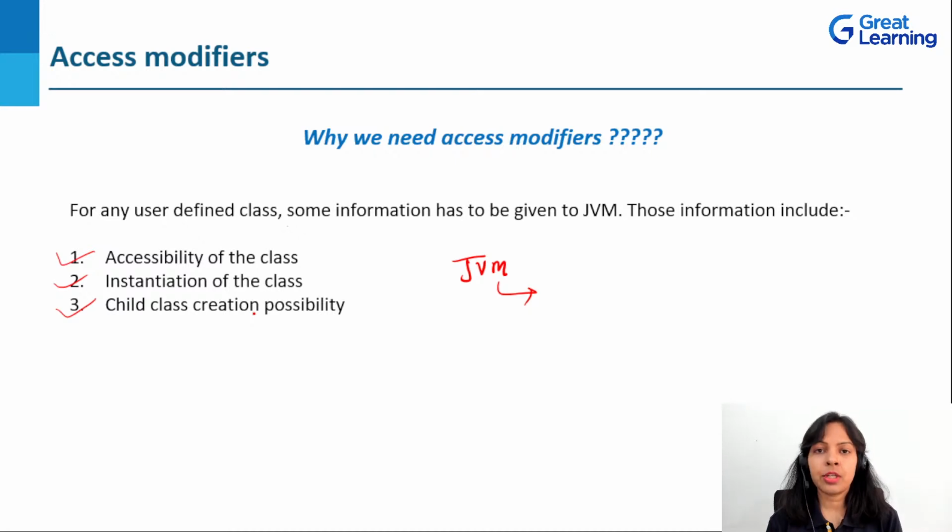In this session, I'll be confined to these three things: class, methods, and variables, and how we can use these access modifiers among them. I hope this is clear to you. I'll take up any question if there is any.